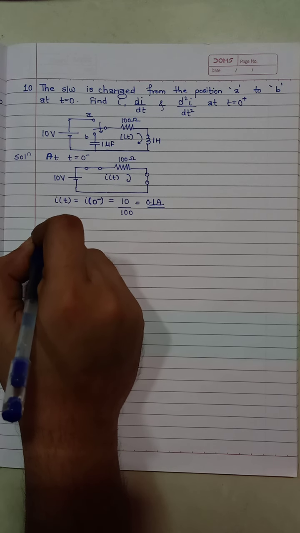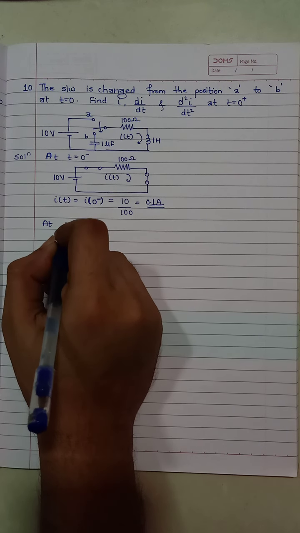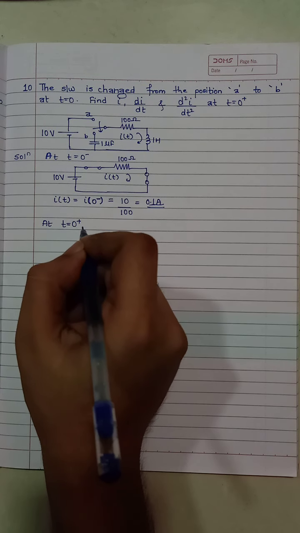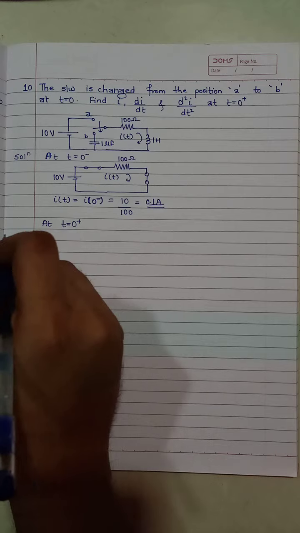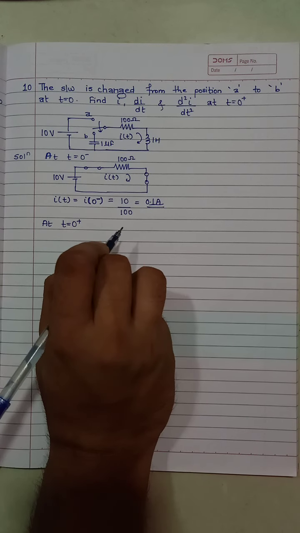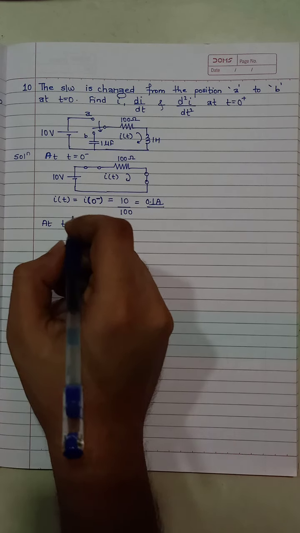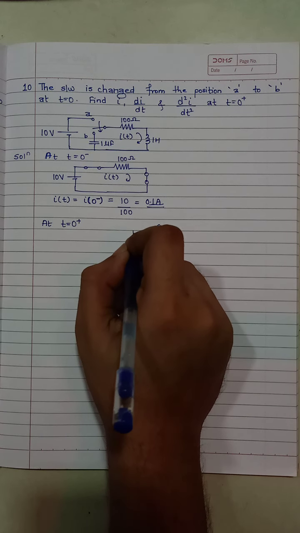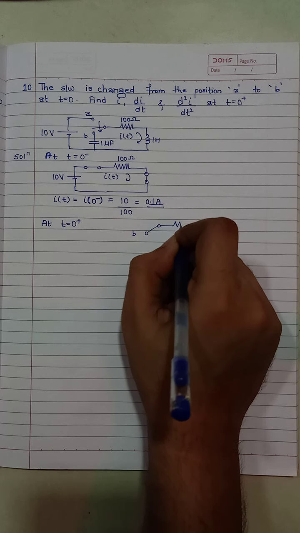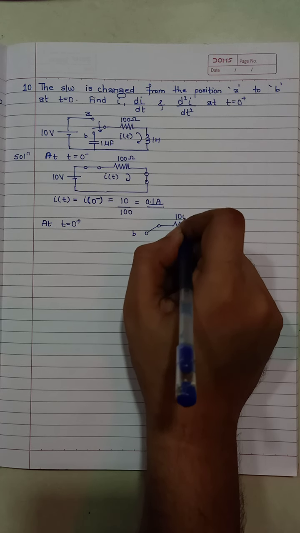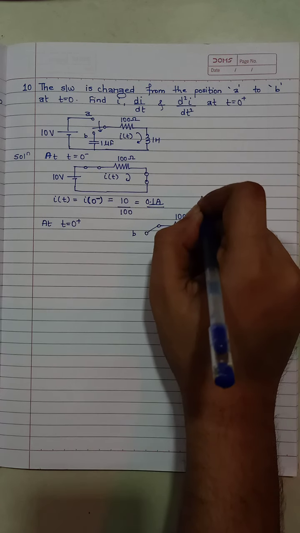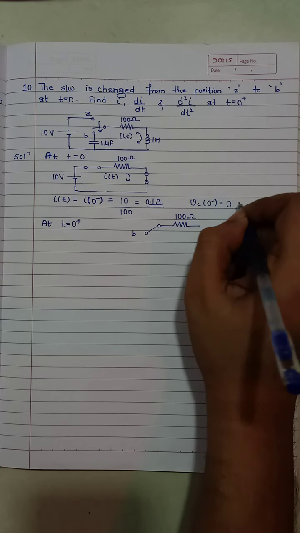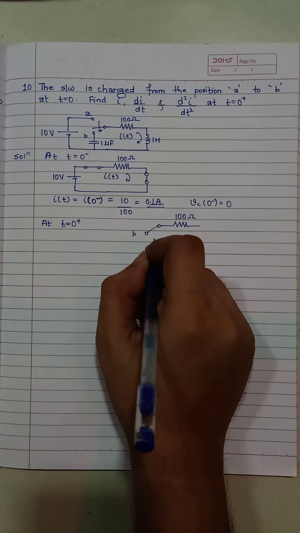Now at t equals to 0 plus, the inductor acts as a current source because it cannot change the value instantaneously. So at t is equal to 0 plus, it will be at position B. Since in this position the capacitor was not in the picture, the voltage across the capacitor will be 0 initially.